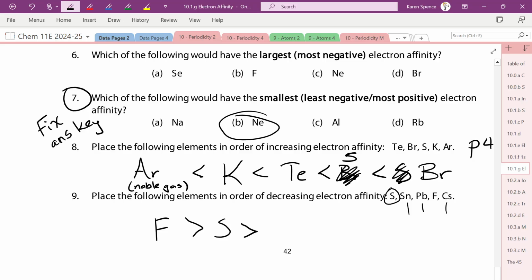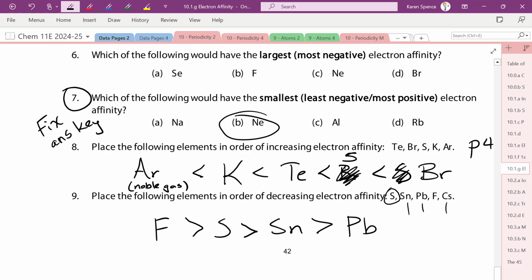And then we have tin and lead. Out of tin and lead, tin is going to be better than lead, right? Tin is better than lead.